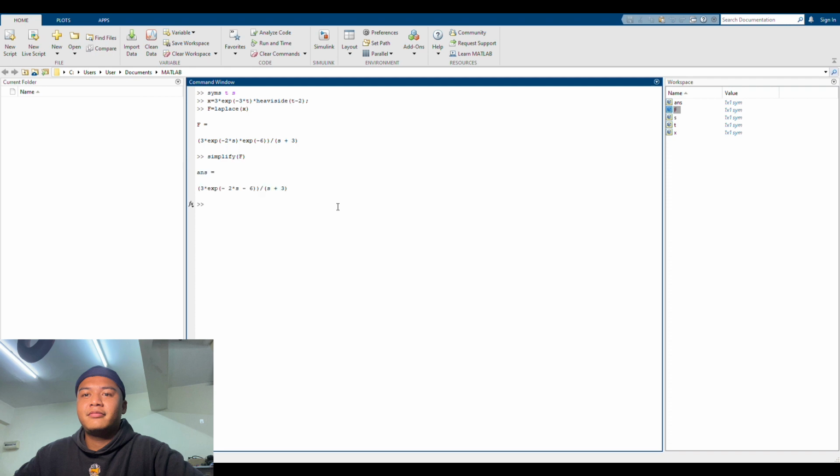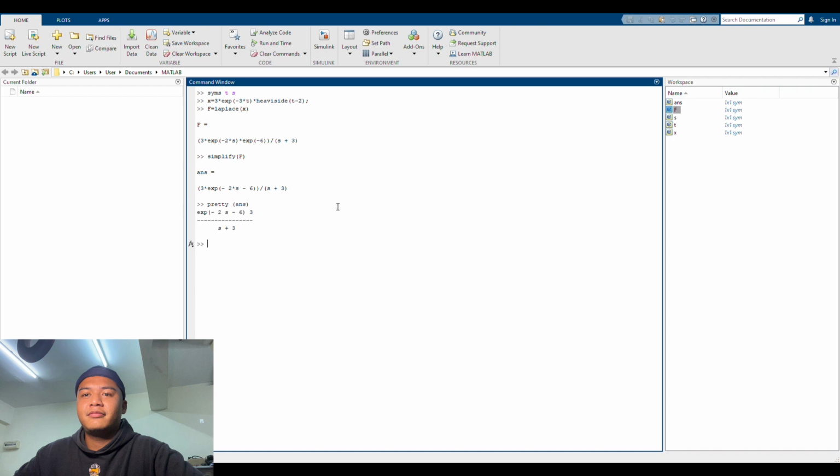The answer is 3 times exponent negative 2 times s minus 6 over s plus 3. Then from this simplified Laplace, the final answer I need is pretty in bracket answer.